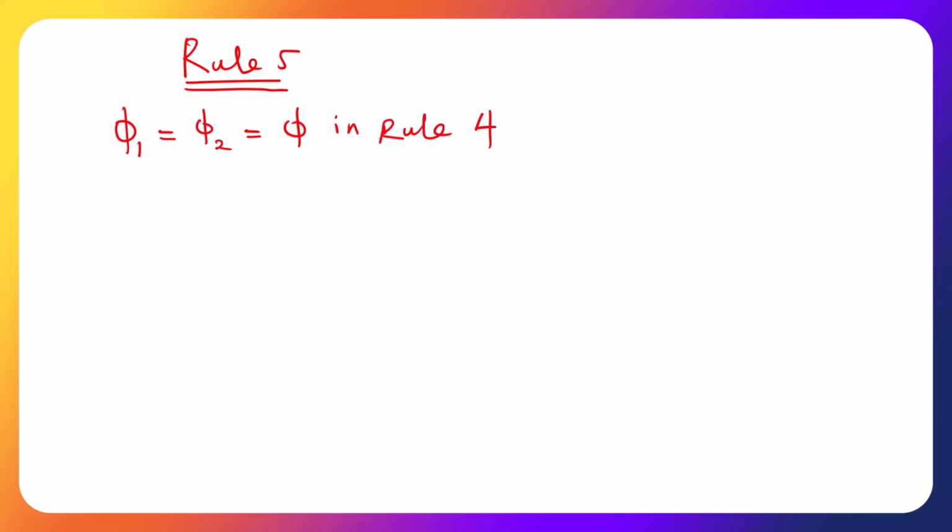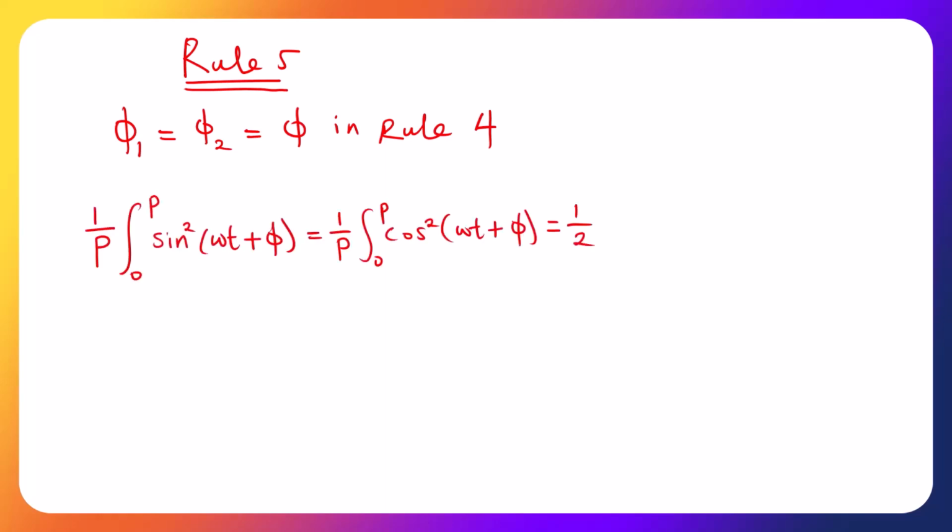So if we take phi 1 equals phi 2 equals phi in rule number 4, then we have that 1 over p, the integral from 0 to p of sine squared of omega t plus phi is equal to 1 over p, the integral from 0 to p of cos squared of omega t plus phi, and this gives us 1 over 2.